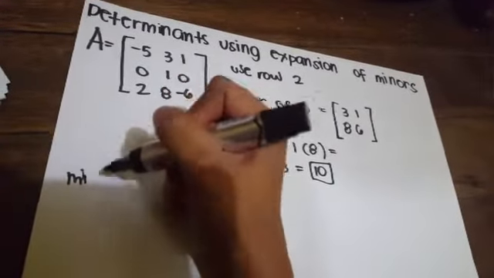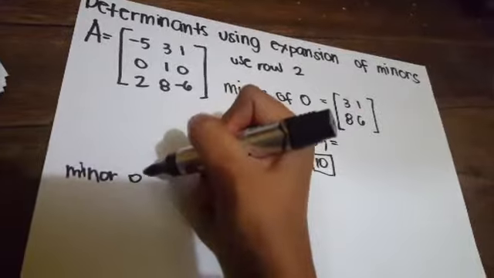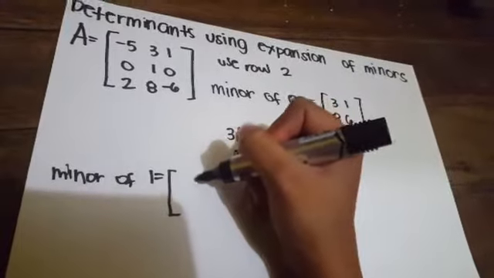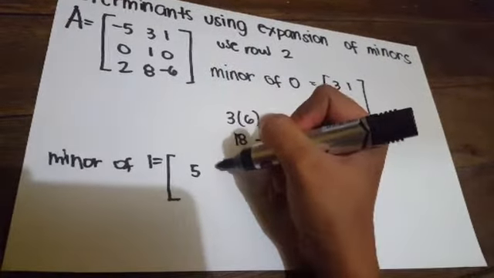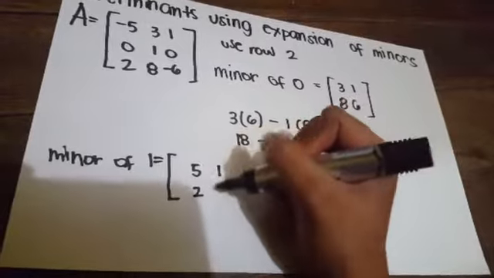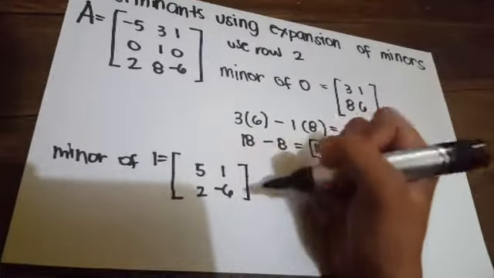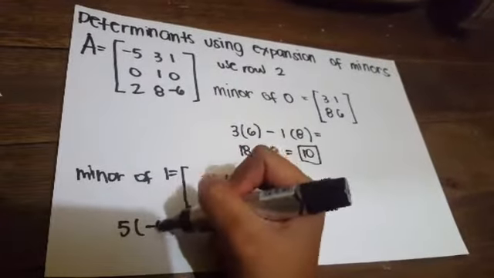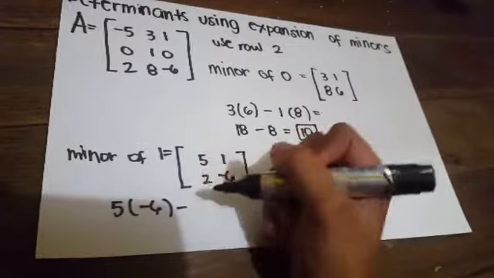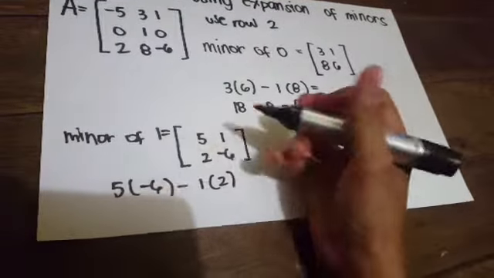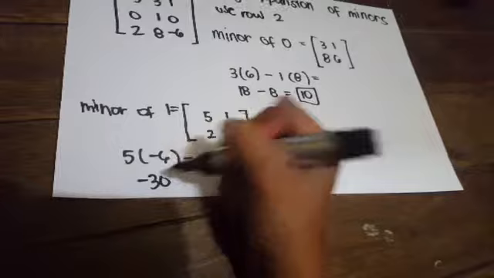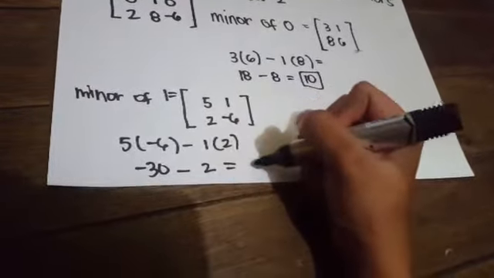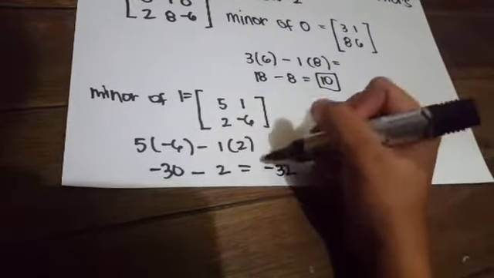For the minor of 1, the remaining entries are 5, 1, 2, negative 6. Cross multiply: 5 times negative 6 minus 1 times 2. Negative 30 minus 2 equals negative 32.